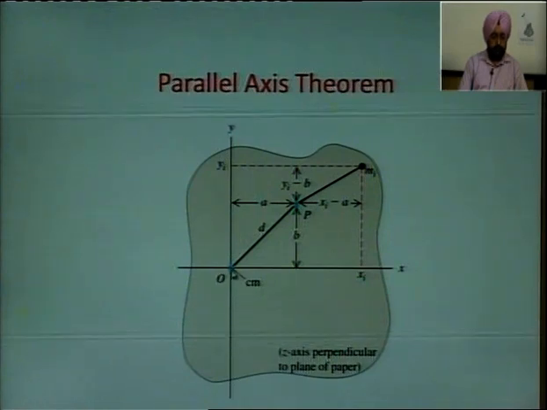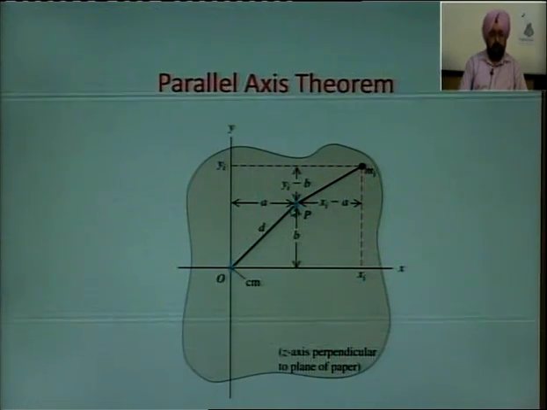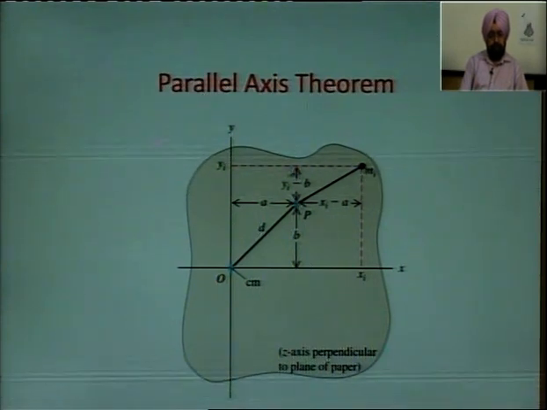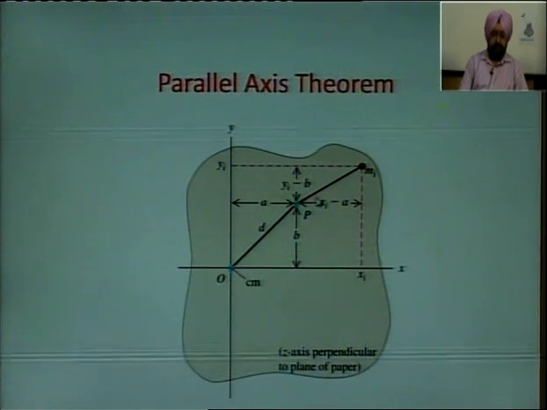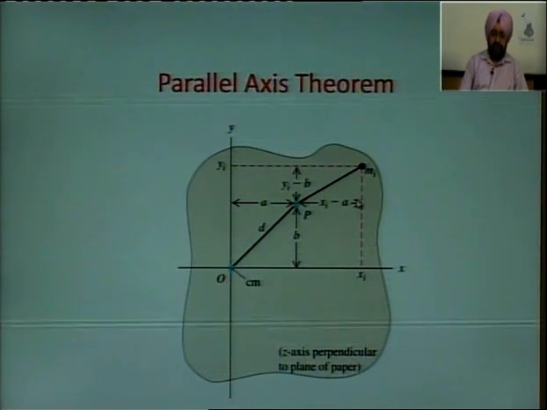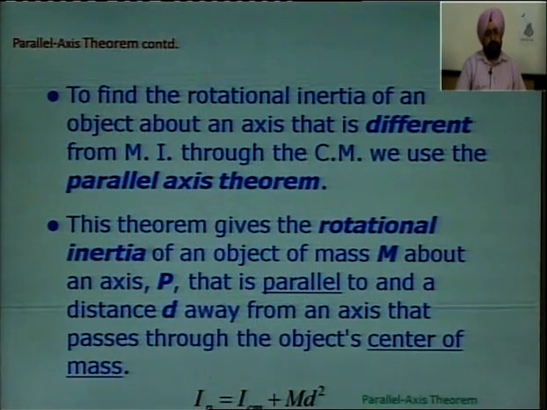You know the moment of inertia through this, and you want to find the moment of inertia through point P. Let us say point P has coordinates a and b. Say you have a mass mi here. Now, the distance of this mass along the y axis is yi minus b, and along the x axis it is xi minus a.